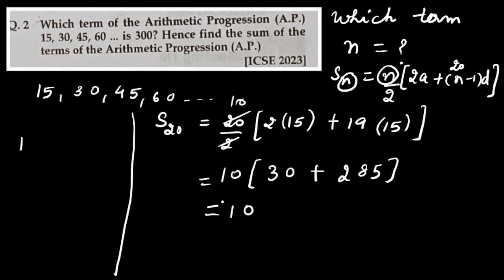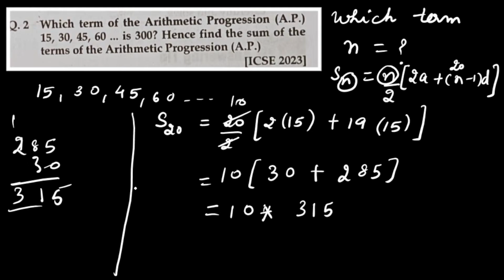So 285 plus 30, what do we get here? 315. So 315 into 10, if we do, it is 3150. Okay, so that's the value of S20.